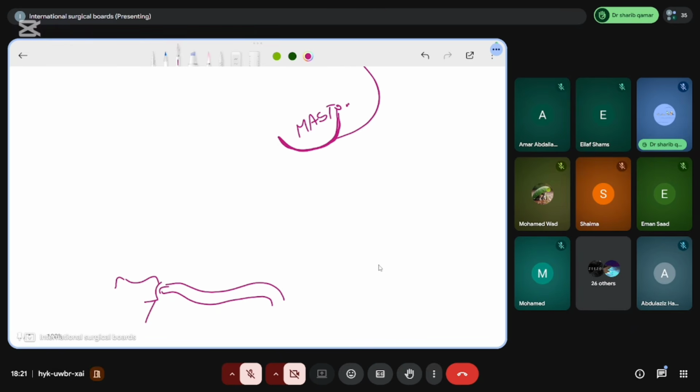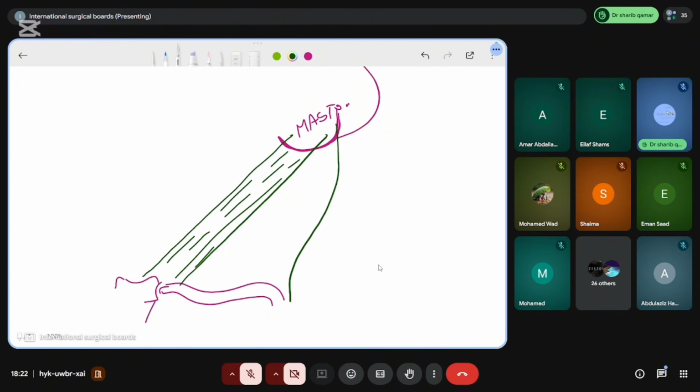We know that sternocleidomastoid comes from here and inserts here, right? That's the sternocleidomastoid muscle. And this is the trapezius. The posterior triangle is behind the sternocleidomastoid, in front of the trapezius, above the middle third of the clavicle, right?